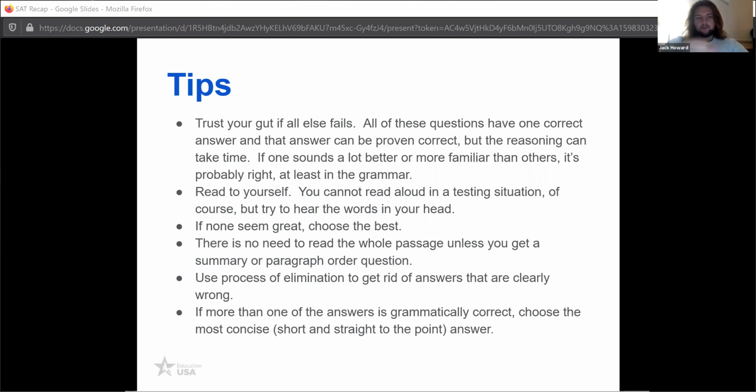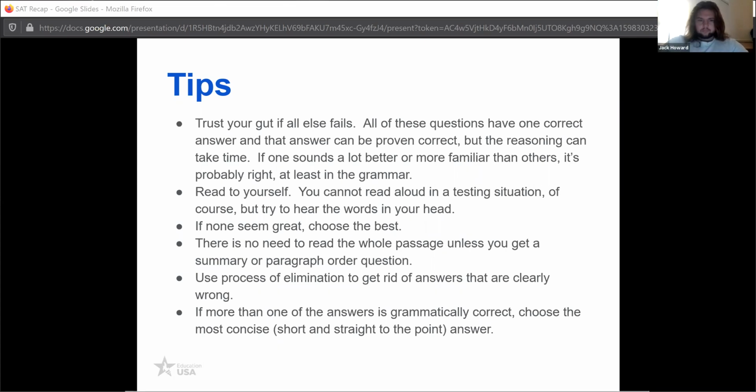This is based on specific sentences and specific rules, not the totality of the passage. So, if you feel you can solve the question just with the underlined passage and a quick skimming of the rest, that's fine. Time can be sensitive on these.